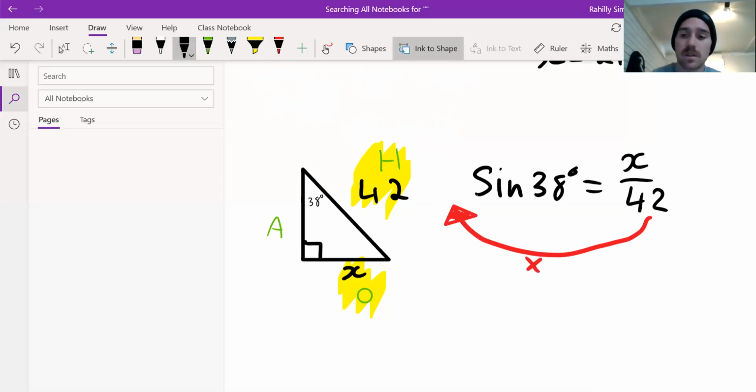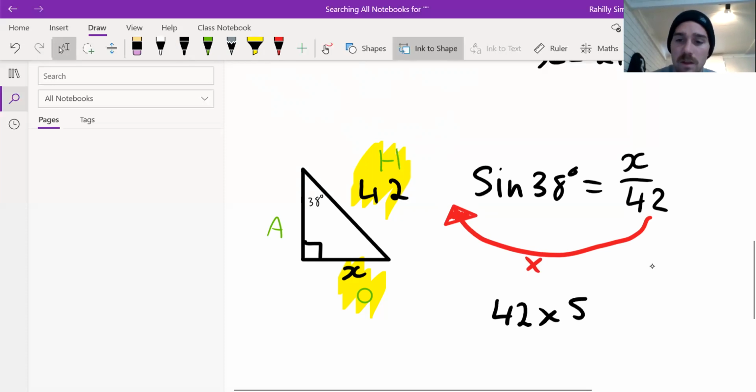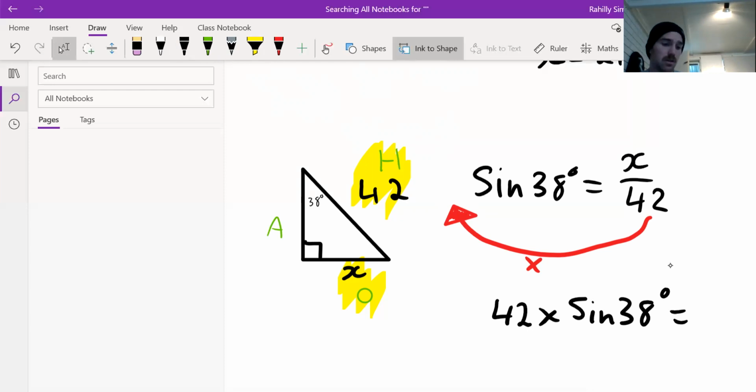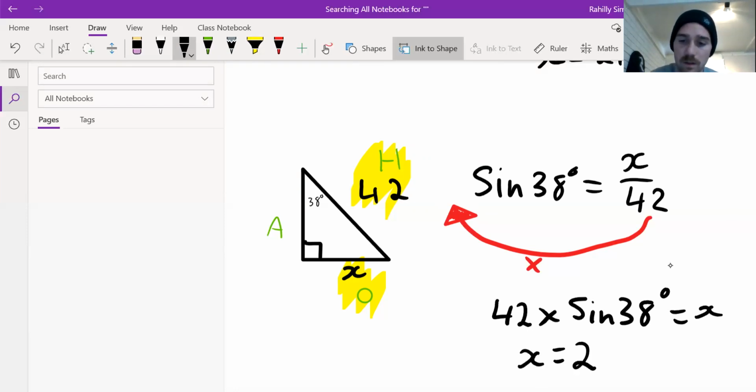So it becomes 42 times sin 38 degrees equals x. Again on your calculator, 42 times, press the sin button, 38, equals 25.86. So x equals 25.86.